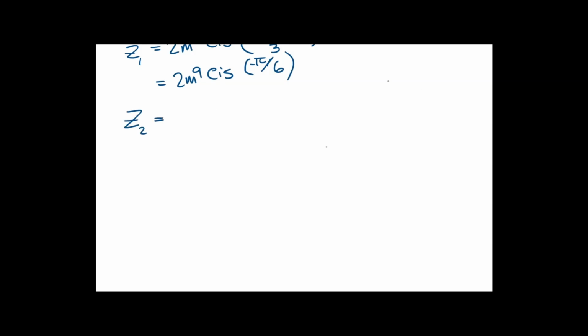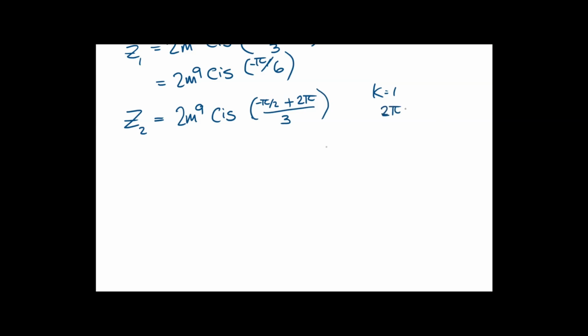Z2 is going to be equal to 1. The R in front is always the same, and the CIS is always the same. Now we have pi over 2 plus 2 times 1 is 2 pi over 3.